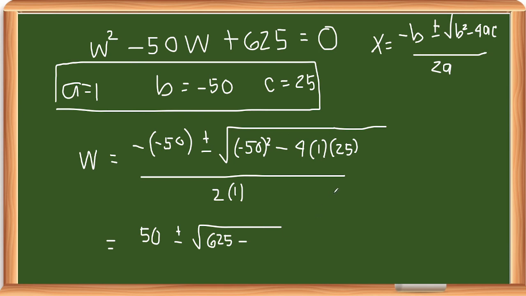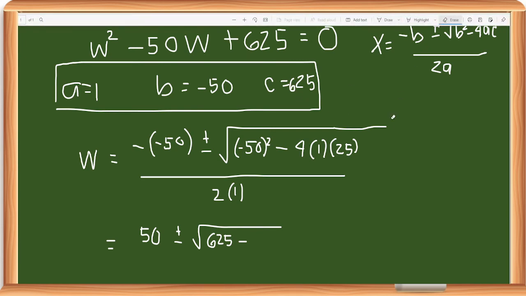Oh, I'm sorry. Hindi pala 25. Ang C natin is 625. Sorry. So, 4 times 625. Bakit nilagay ko 25? Okay.